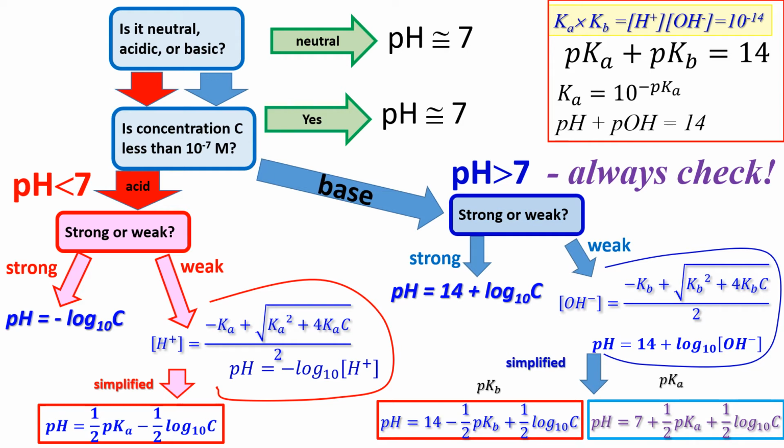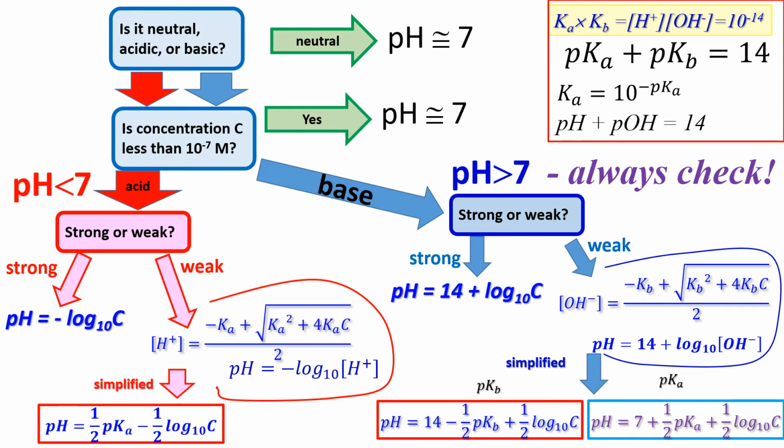If your acid is strong, then you can proceed and calculate pH by a very simple formula, pH is the negative log of concentration. If your acid is weak, you need to solve a quadratic equation, and the solution will look like this formula. Next, from H+, you calculate pH.